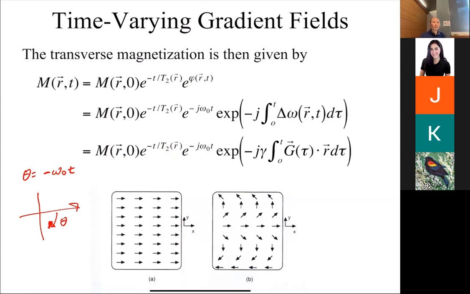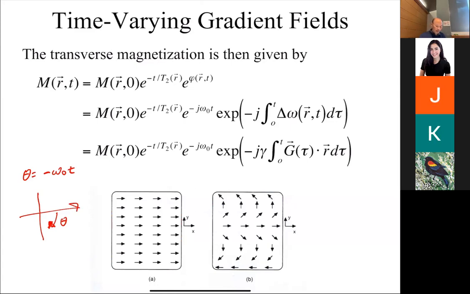For those of you on problem 1, there was one where you asked the phase, and a lot of people got the number correct, but the sign incorrect. You just have to remember, it's a clockwise rotation. Free precession is a clockwise rotation. All right.